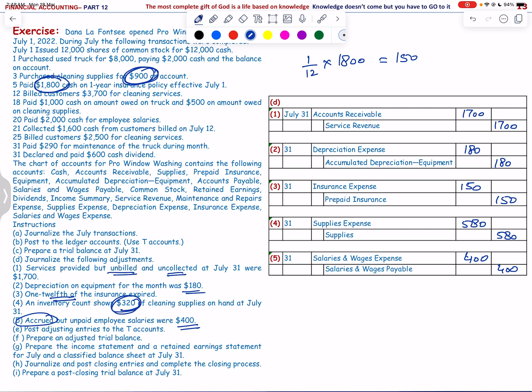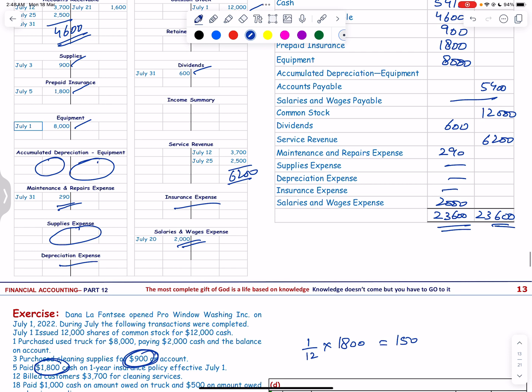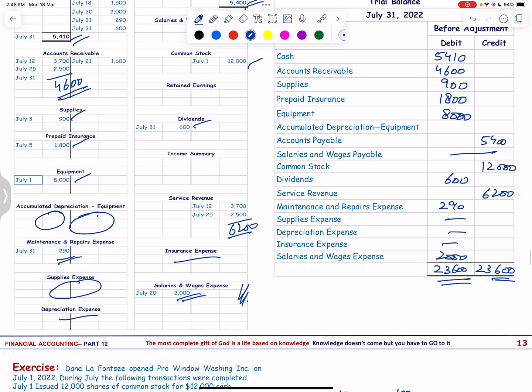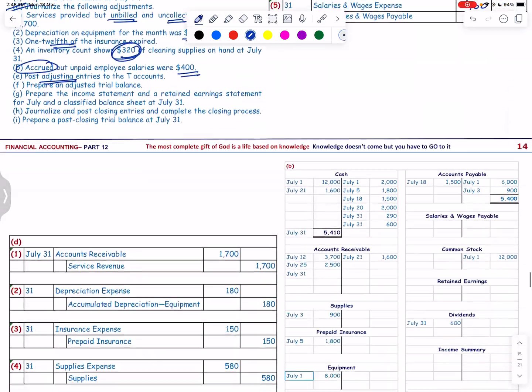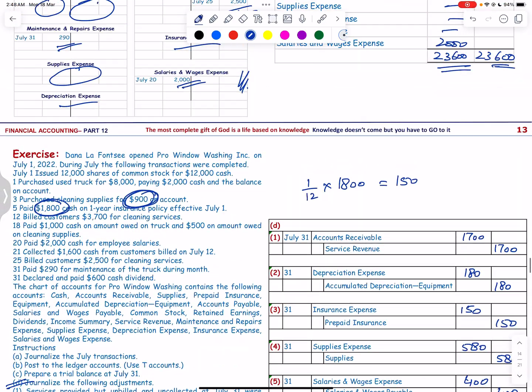We have to post the adjusting entries to the T account. So we are going to use the T account that we have already prepared, and I have simply copied this T account through an Excel sheet. It is the same that we have done just now, and we have recorded the adjusting entries.